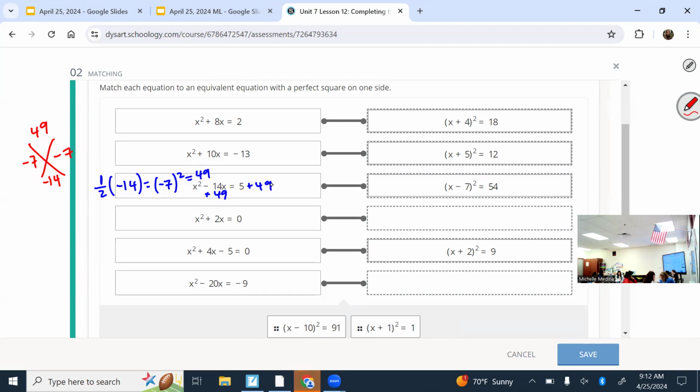Okay. For the next one, is it already rewritten to where the constant is alone on one side? Okay, do you see a constant on the left side that needs to move? Like a single number?